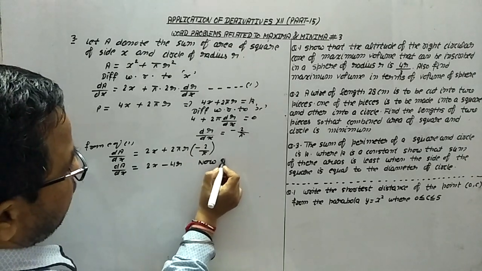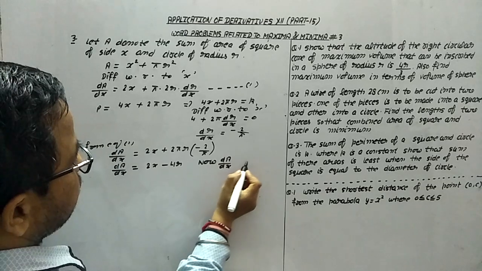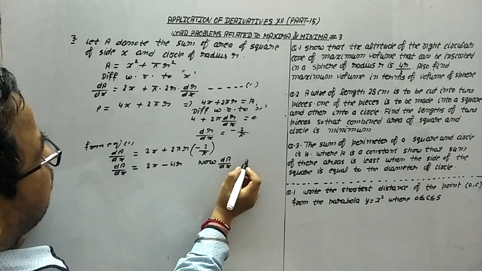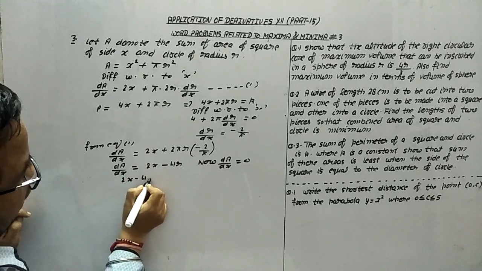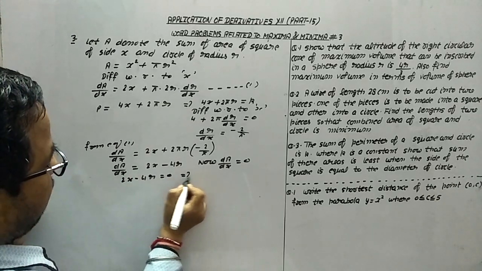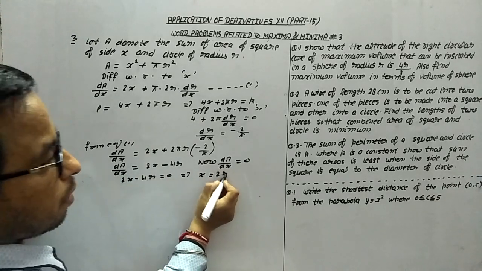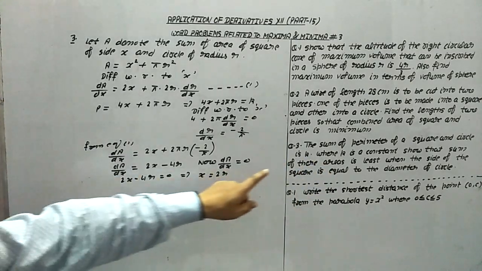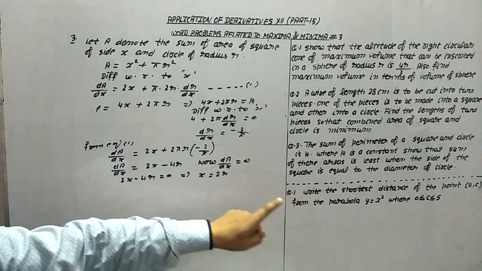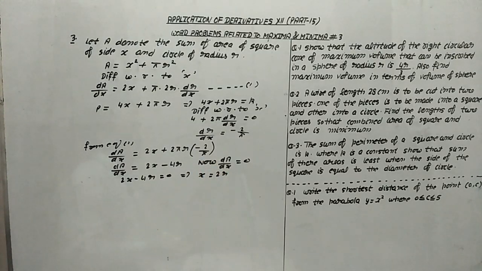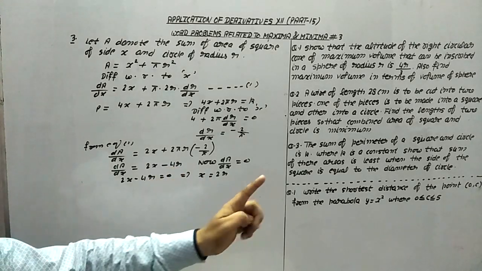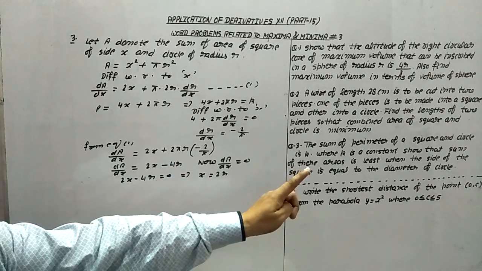Now dA by dx is equal to 0. It implies that 2x minus 4r is equal to 0, so x is equal to 2r. So the first part is over: the side of the square is equal to the diameter of the circle. Now we have to show that the sum of the areas is least.